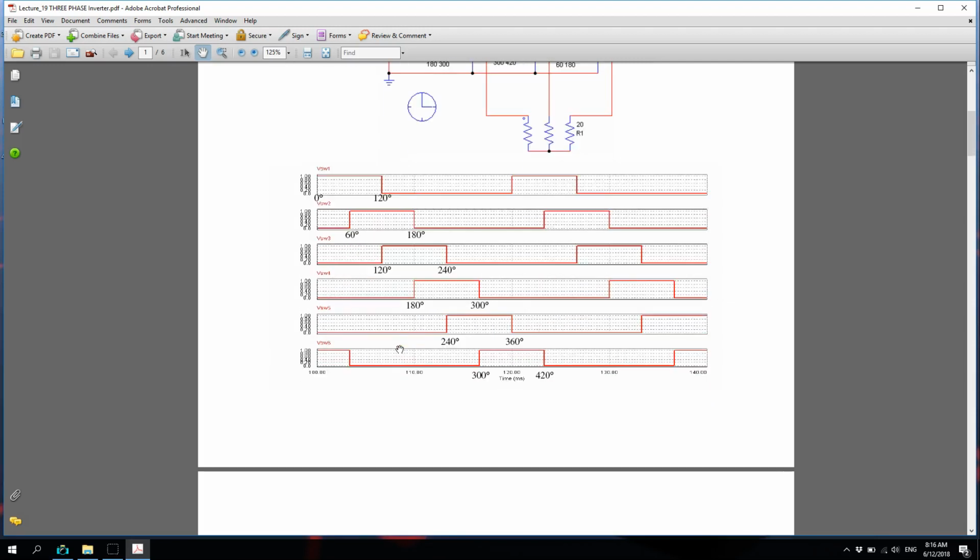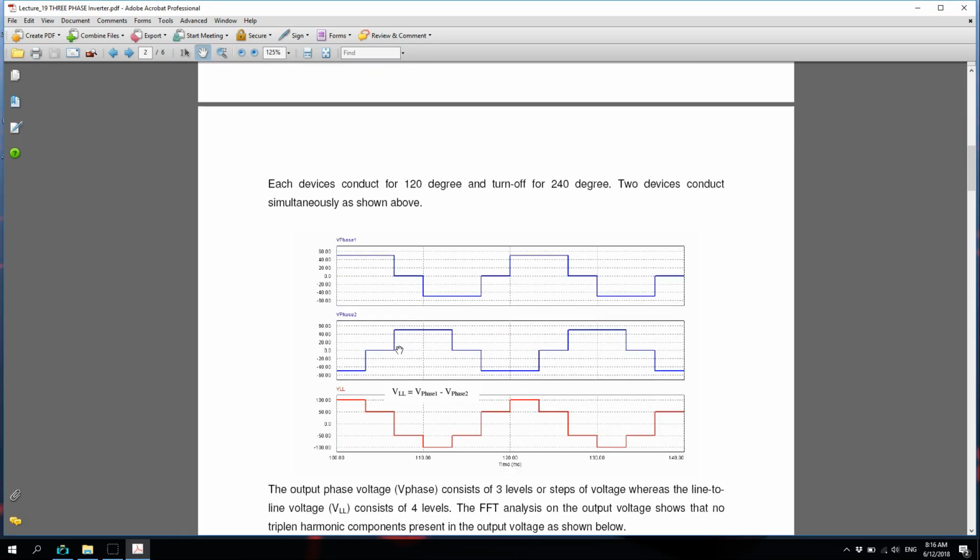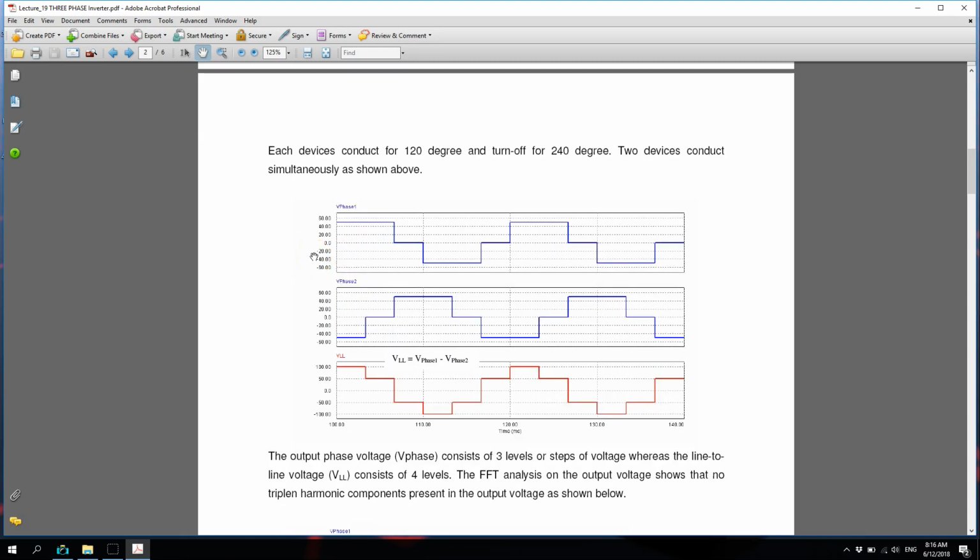Okay, so if you look at the output voltage waveform, phase 1 will be having half of the V in, so this will be half of the V in, the voltage across your phase 1 resistor, and then you have a minus half of the V in for phase 2, right?